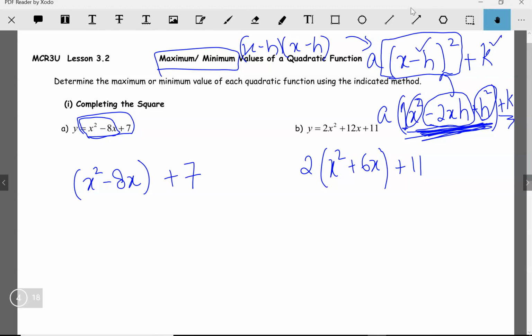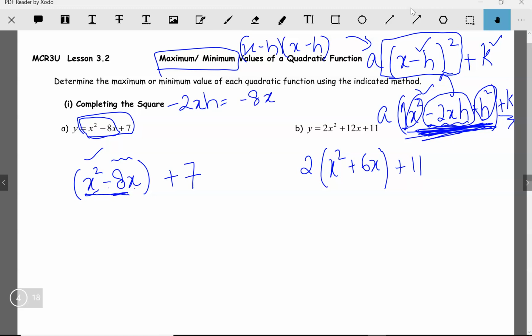So let's look at the similarities between this and this. I have an x squared, that's a check. And this minus 8x looks suspiciously like minus 2xh. So what I'm actually doing is saying minus 2xh equals negative 8x. That's what my second part is.